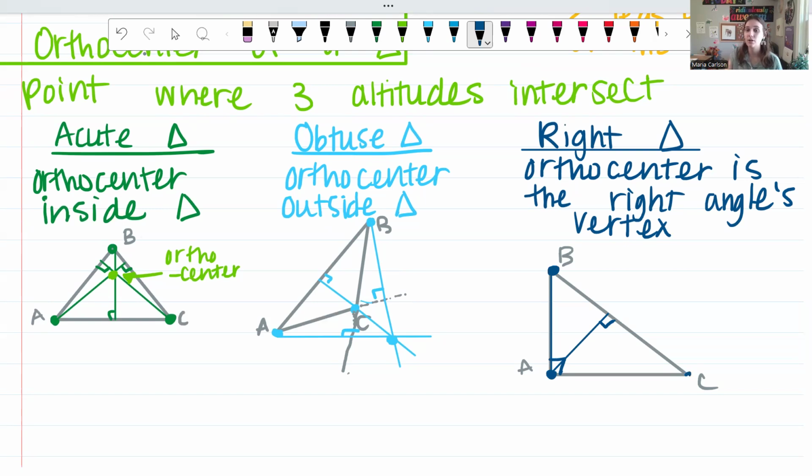And if I'm finding the altitude from C to side AB, that would also just be this side. So the two legs are also altitudes, which means that this point right here that has the right angle, this is the orthocenter. And I didn't note where it was in this image. Here's our orthocenter.